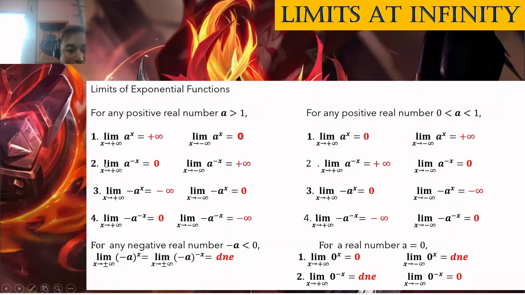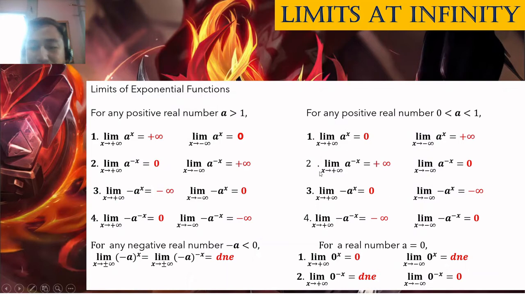We can also factor out the negative here, so negative 1 times this number 2. So this is 0. And then we factor out the negative again, negative 1. Since a to the negative x is always positive, the limit is positive infinity, so the values are always negative. So the answer is negative infinity.